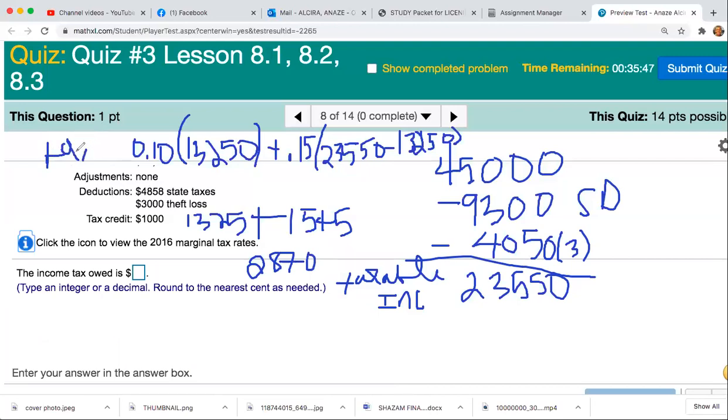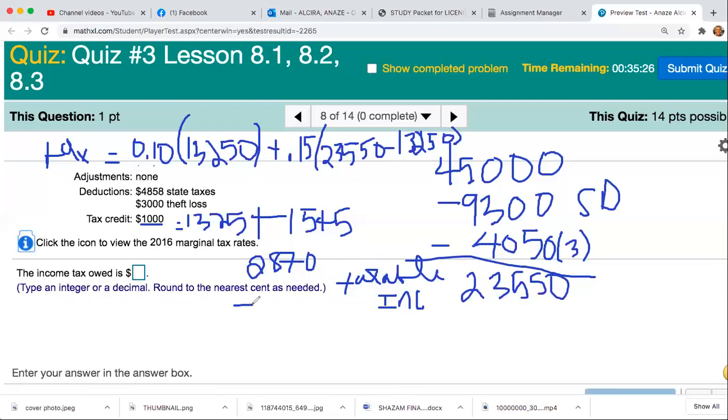But wait, there's more. Here's why. This person has a tax credit, and the tax credit is for $1,000. The tax credit offsets the amount of taxes you're paying for the year. It reduces the amount of final taxes you owe for the year.